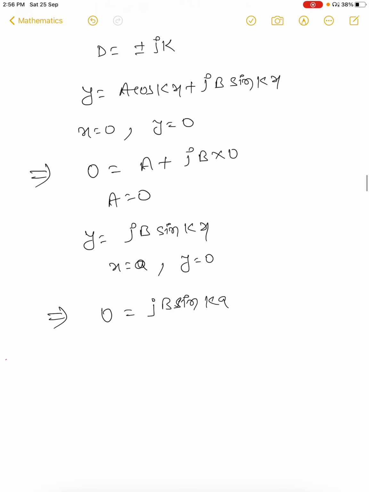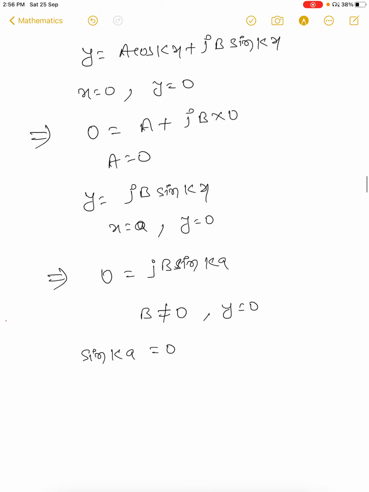So b will not be equal to 0. So y always 0 is only possible if sin ka is equal to 0.